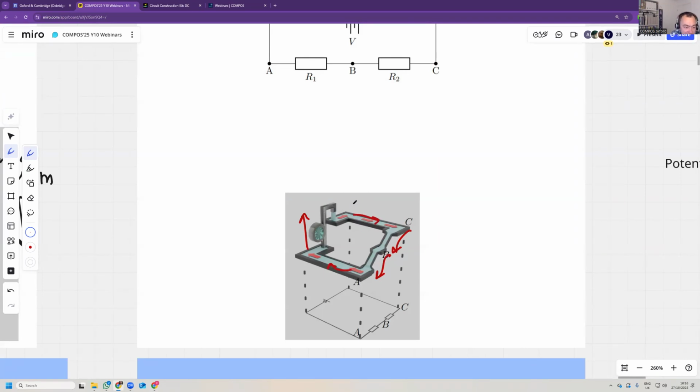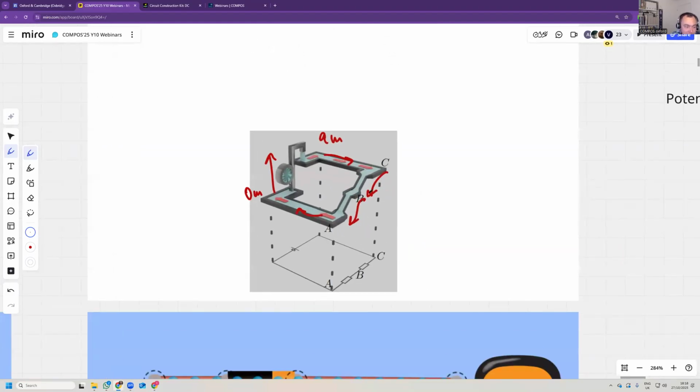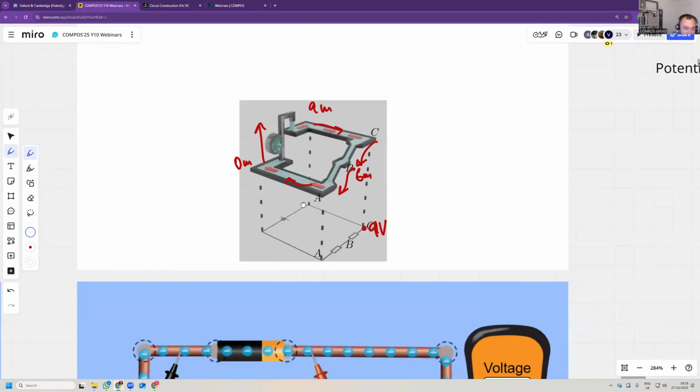So let's say, for simplicity, this is 0 meters, and this is 9 meters above the ground. And let's say point B is 6 meters above the ground. So as an analogy, you would have 9 volts of potential here.